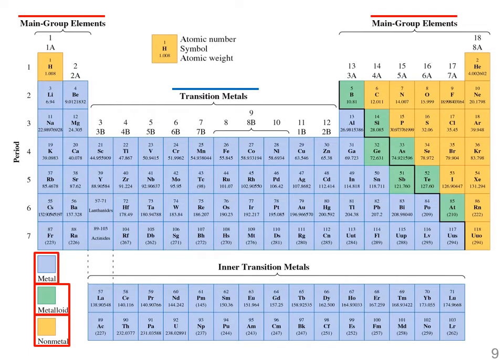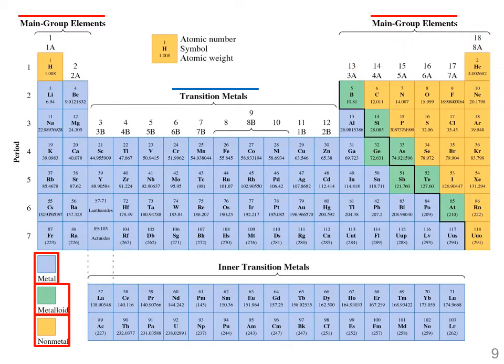We also have different element categories as metals, metalloids, and nonmetals. In this colored periodic table, the blue boxes show metallic elements. They are on the left side of the periodic table. The yellow colored elements are nonmetals. They are on the right top side of the periodic table.